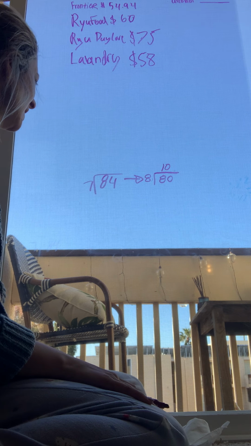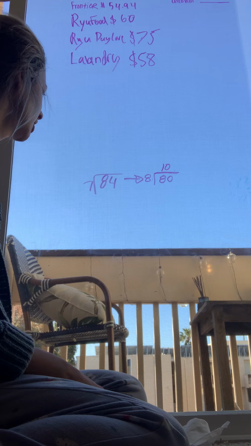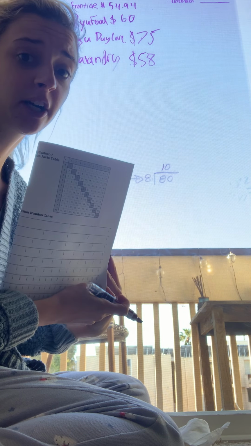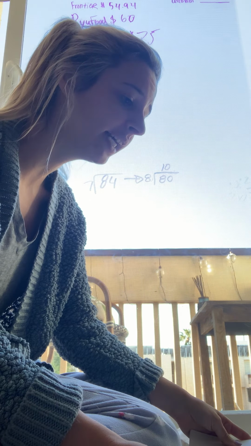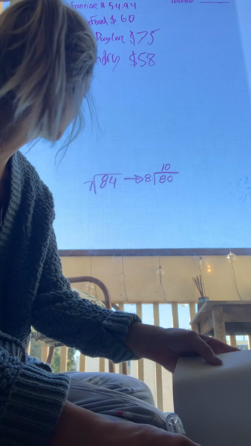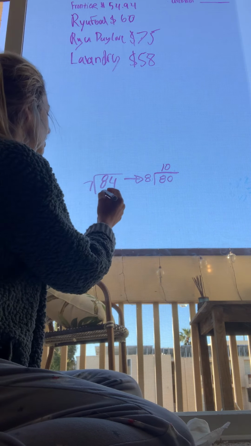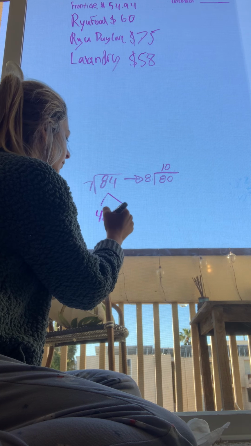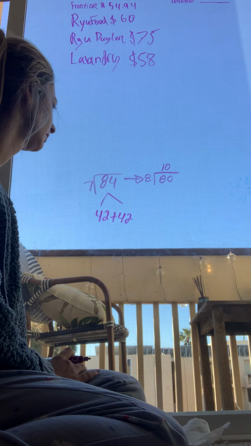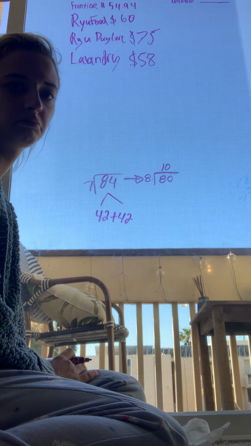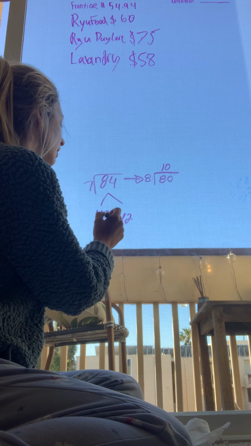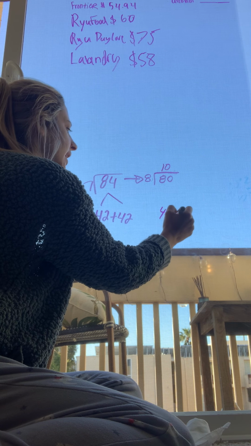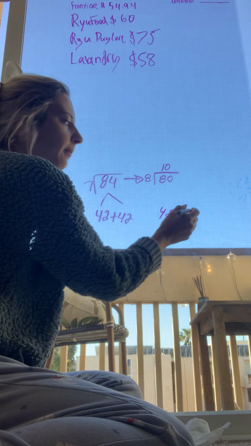All right, so this one was actually kind of challenging for me because I couldn't really see what to do with the 84. And sometimes it helps to look at your multiplication chart. And I actually did that, and I realized 42 is a friendly number for 7. So 84 is really 42 plus 42. Now I'm ready to divide. 42 divided by 7 is 6.